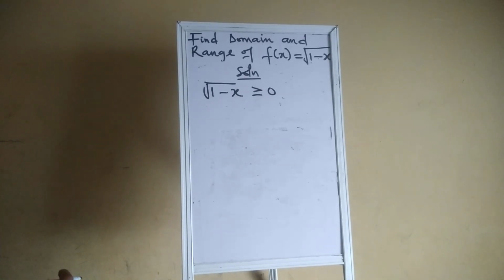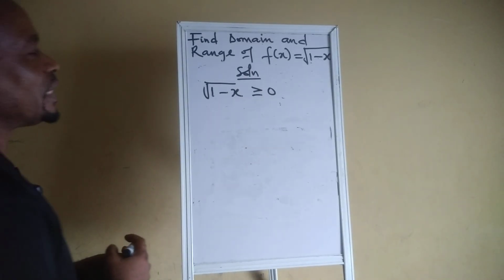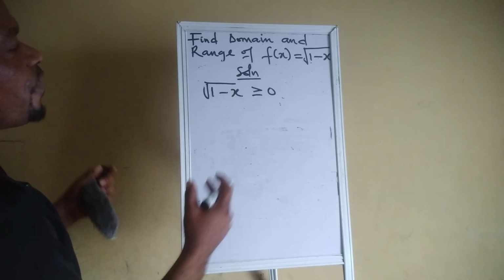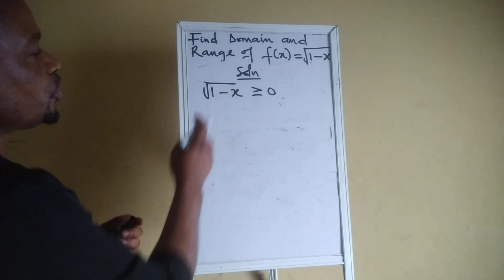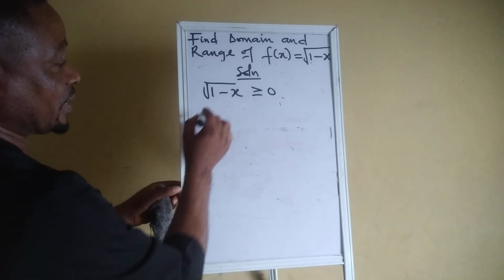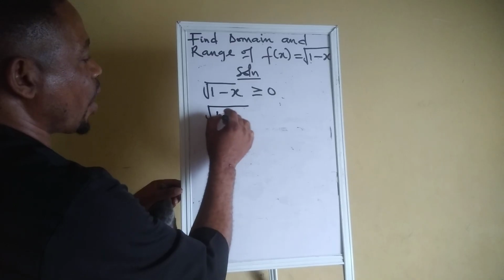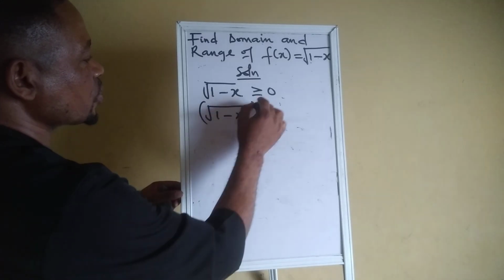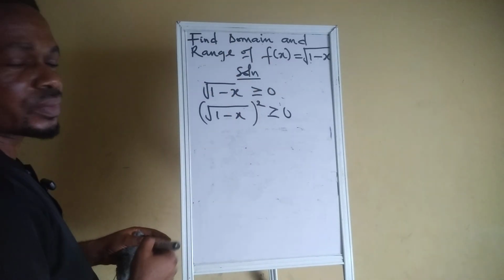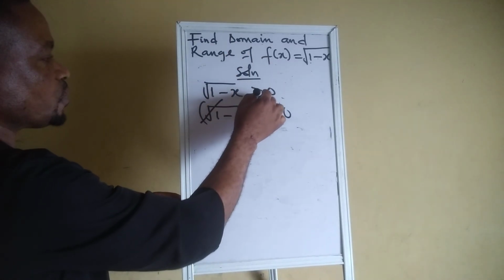Now, if 1 minus x should be greater than or equal to 0, we have the square root of this, right? If I square both sides, do you know what remains? This square root will disappear. Am I communicating? I will now say the square root of 1 minus x, all squared, greater than or equal to 0 squared, which is 0. Now this square root will cancel this power 2.